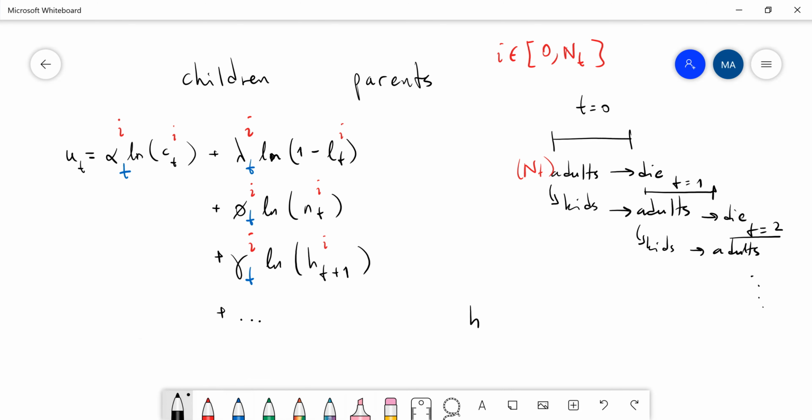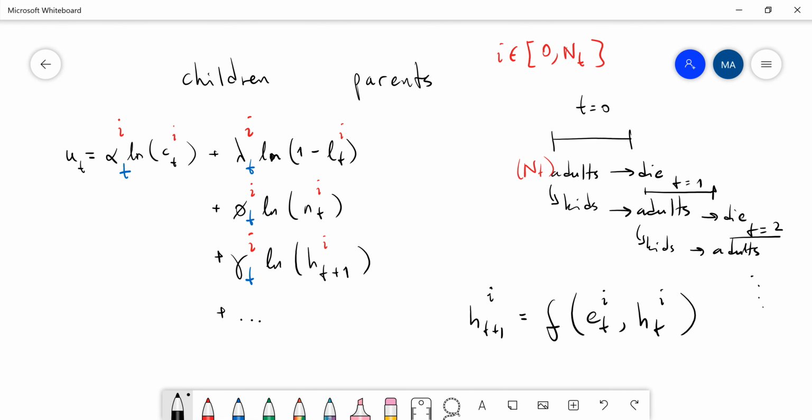And by the way, of course, human capital will be determined by this function, so it will depend on the education spending and human capital of the parents. So there could be other determinants, but let's keep it simple in this way, right?